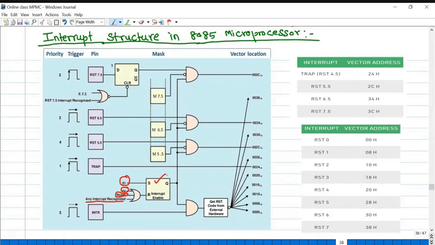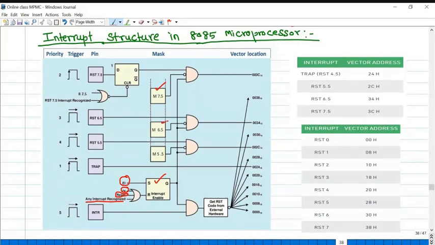Apart from that, after enabling all the interrupts, suppose you want to mask some particular interrupt, we can use this mask bit. We will discuss later what instruction is used to mask a particular restart instruction. Using this mask bit, we can mask RST 7.5.